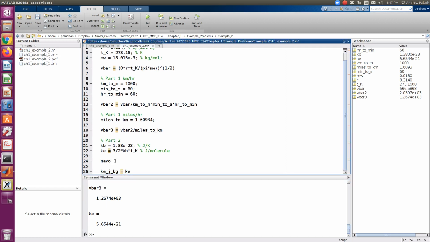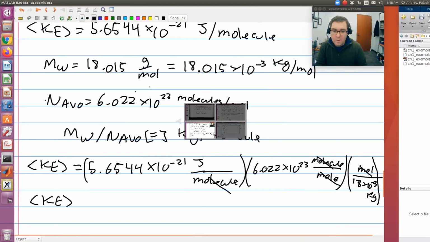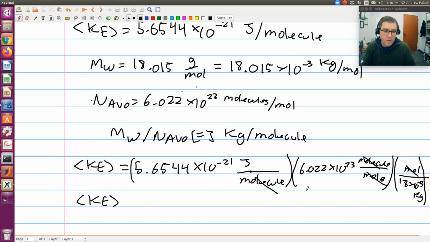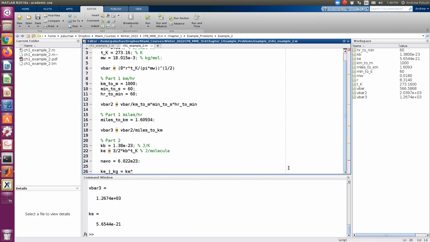So Avogadro's number is 6.022 e to the 23. My kinetic energy in joules per kilogram is my kinetic energy in joules per molecule, multiplied by Avogadro, divided by my molecular weight, which I already have here in kilograms per mole.